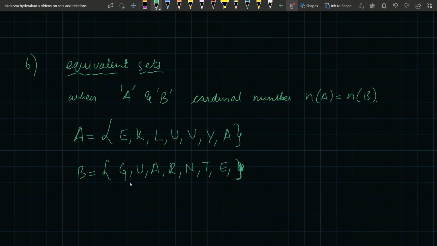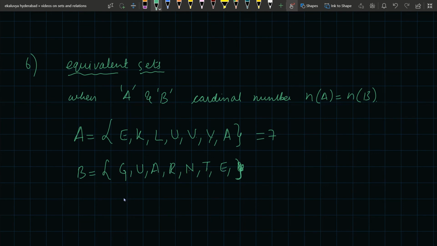So let's count the number of elements in each of them. We have 1, 2, 3, 4, 5, 6, 7. So there are 7 elements in this one. And for the guarantee set, we have 1, 2, 3, 4, 5, 6, 7.